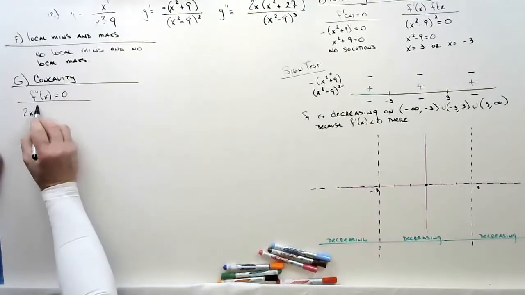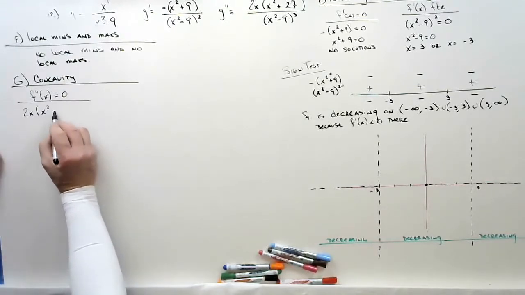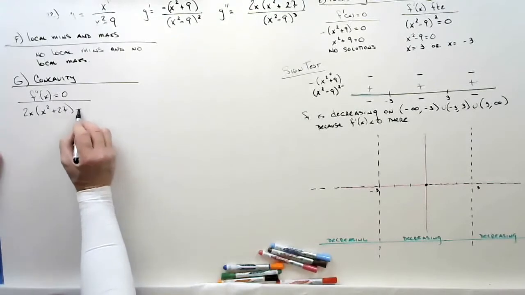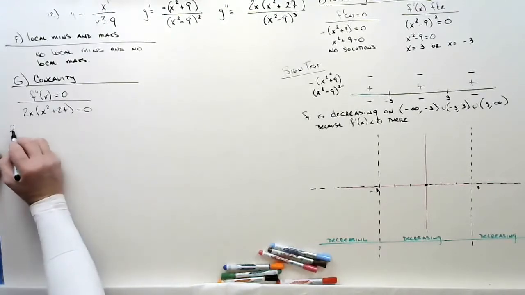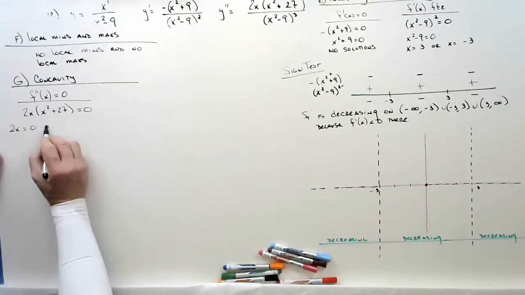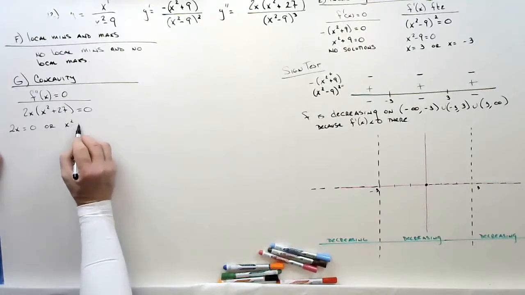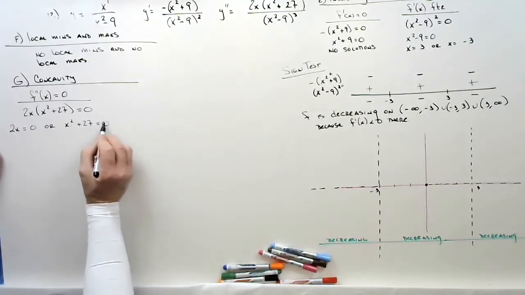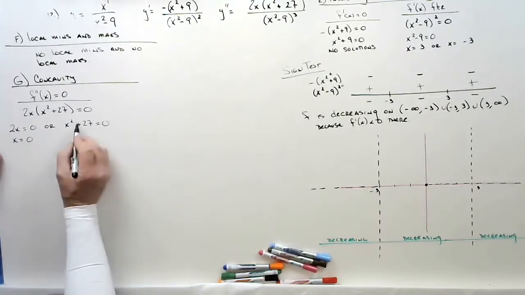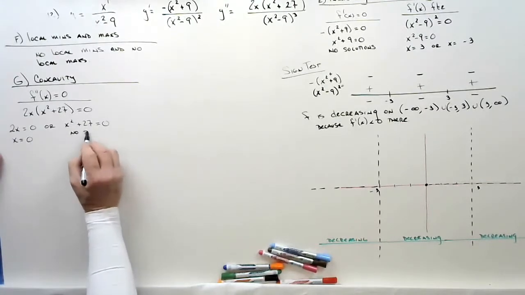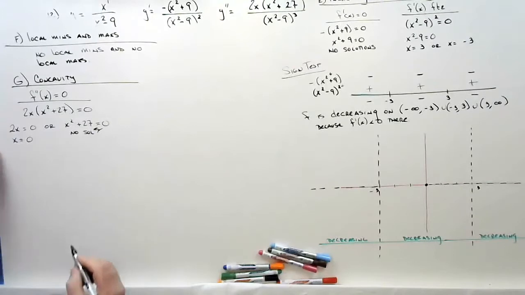So we have 2x times x squared plus 27 equals 0. That gives us 2x equals 0, or x squared plus 27 equals 0. That one says x equals 0. This has no solutions. x squared plus 27 can't be 0. Those are both positive numbers.